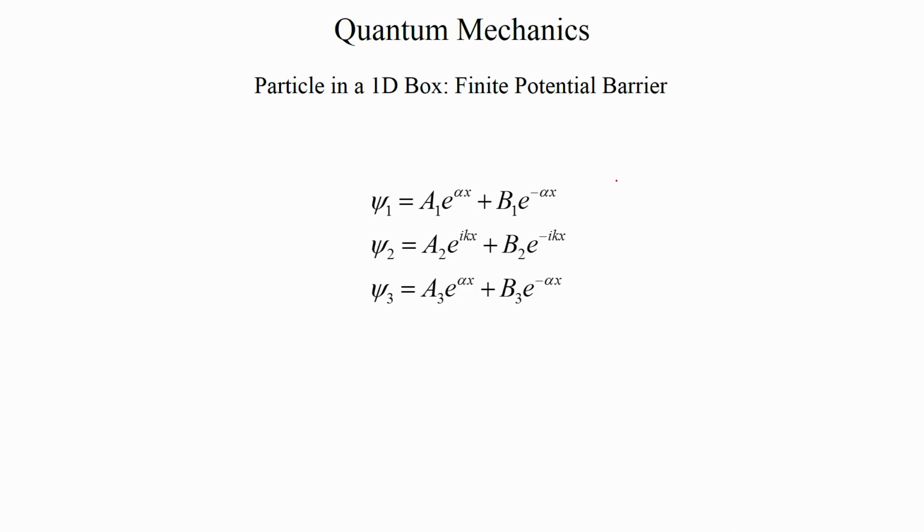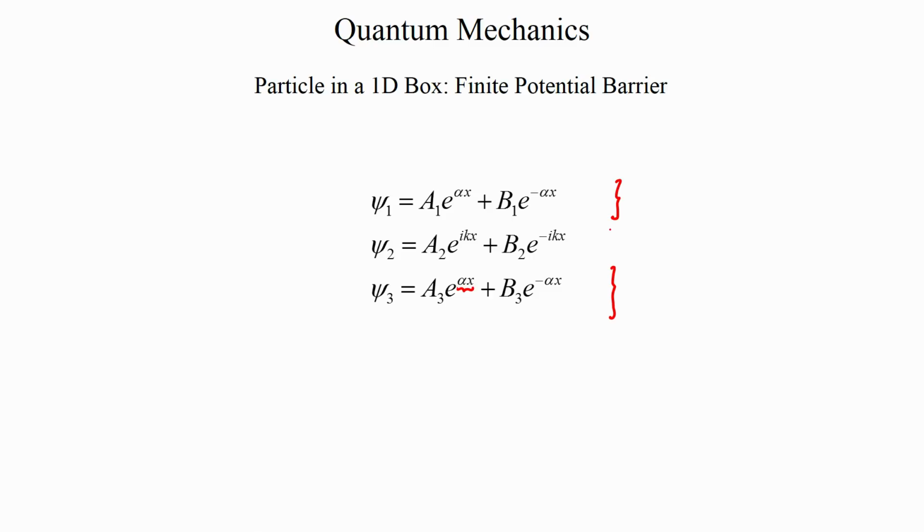And that solution could be of this form. If you have exponentials of a real number, then you will end up with a possible solution. Similarly, in region 3 you have a similar description where you have exponentials of a real term.